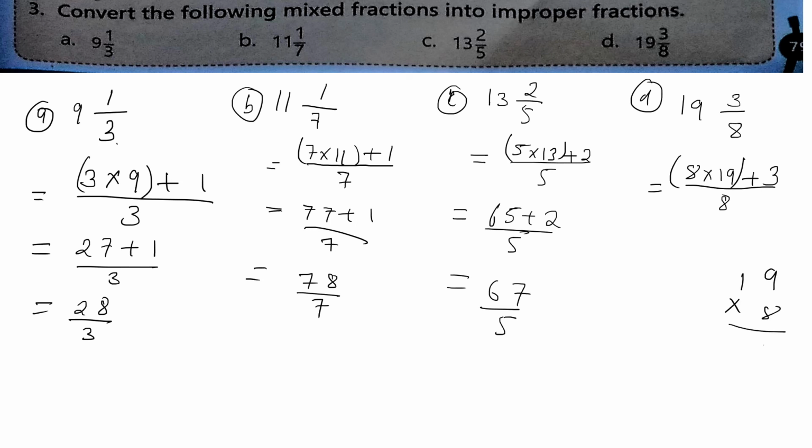So 8 9s are 72, 2, 7 in hand, 8 1s are 8 plus 7 is 15, 152. So 152 plus 3. Now you rub this one, give 3 here, and here 155 by 8.